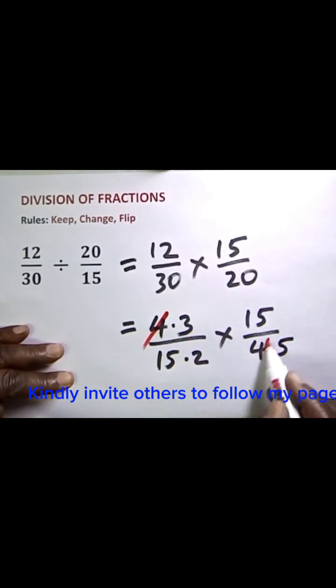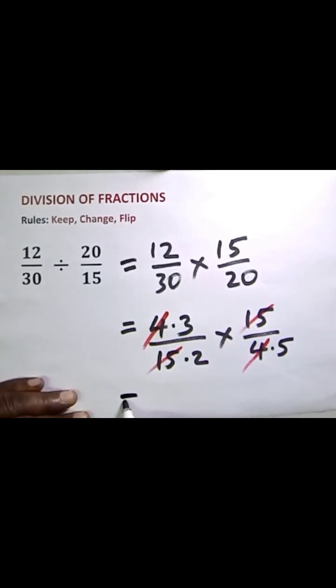So 4 will go with 4, 15 will go with 15. Is there any other thing I can do? Not really. So what's left on the numerator is 3. And what's left on the denominator is 2 times 5, which is 10.